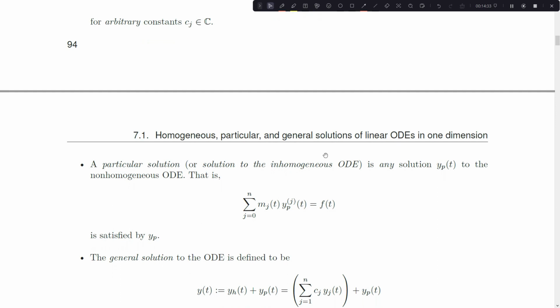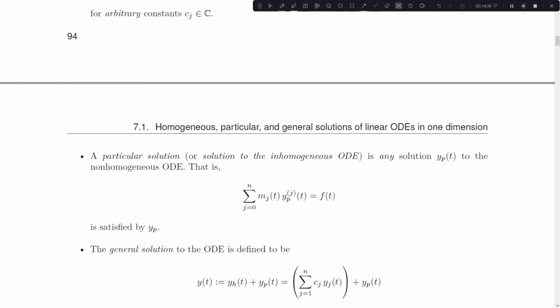If I move down just a little bit, I then call the general solution to the original ODE. This is the ODE with an F on the right hand side. The general solution to the original ODE, which is inhomogeneous, is, and I drop the subscripts h or p, the sum of the general homogeneous solution with any particular solution. And so what we see here is there's our span of the fundamental set, and there's our particular solution.